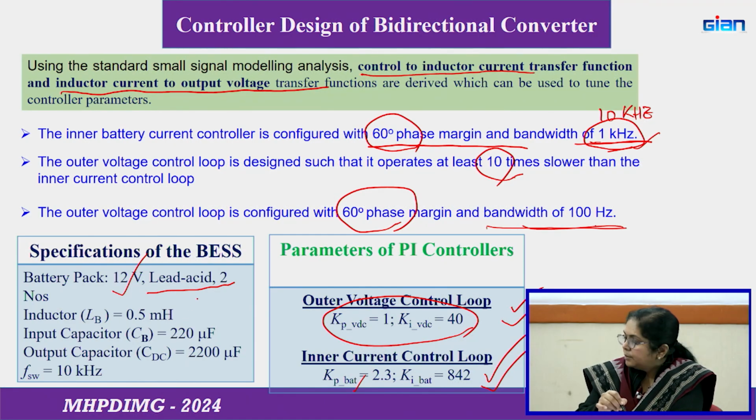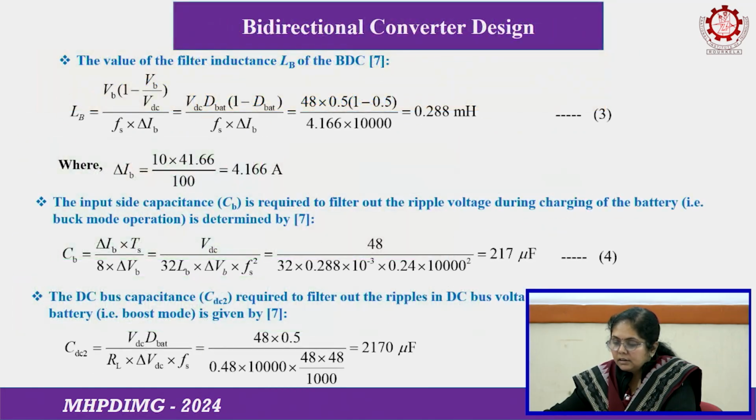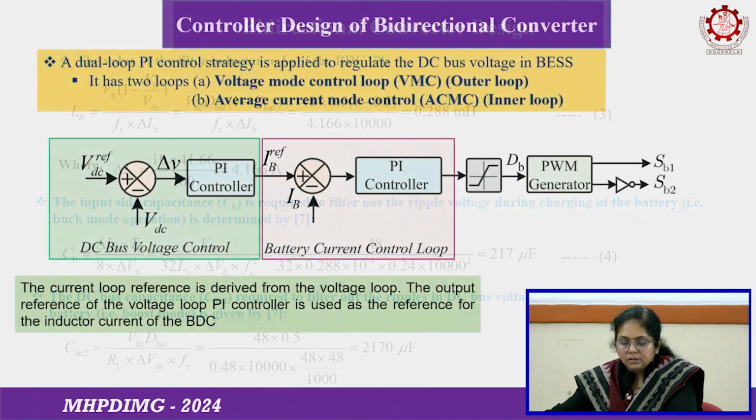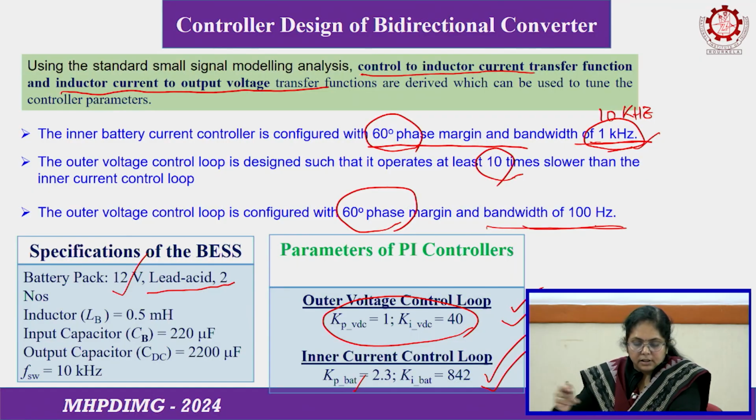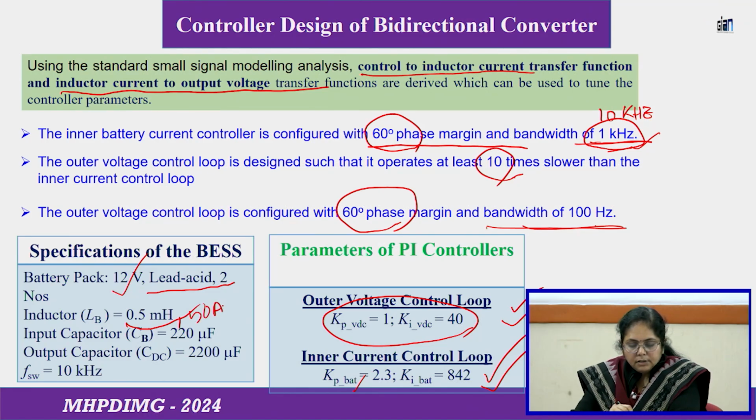Then the inductor we have calculated as 0.288, nearly 0.3. As standard, we have chosen a little higher value of 0.5 millihenry, with nearly 50 ampere current rating, but the highest current is 41.6.